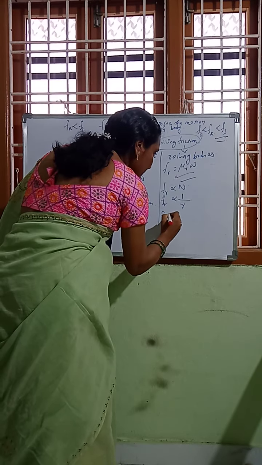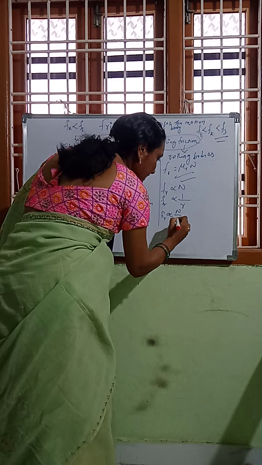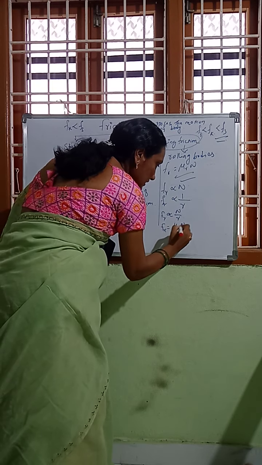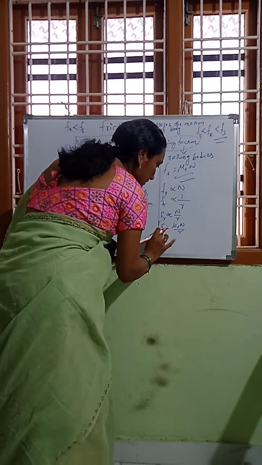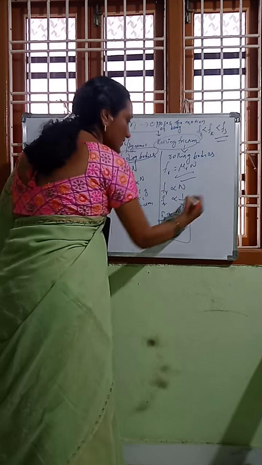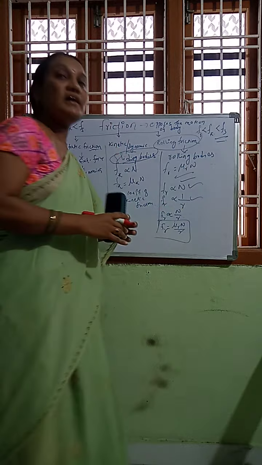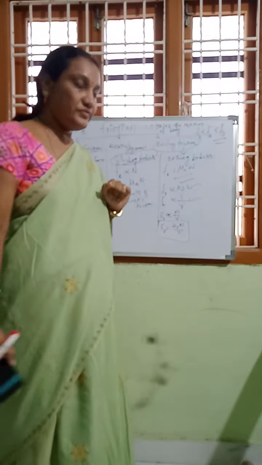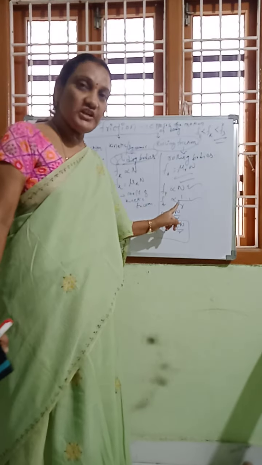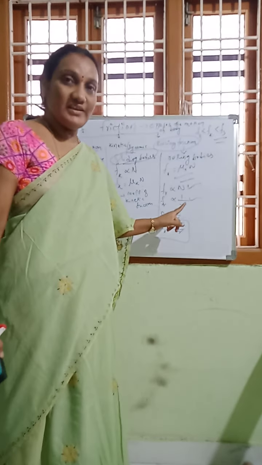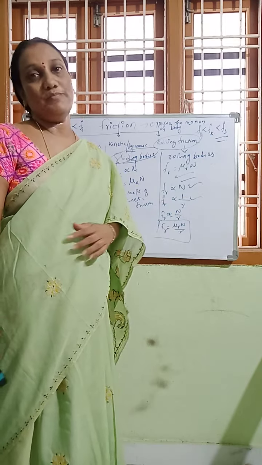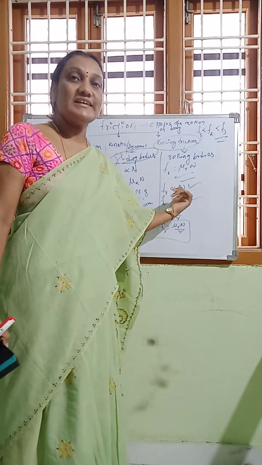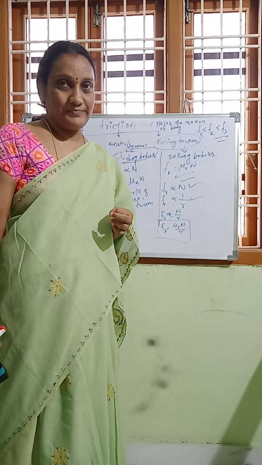So rolling friction can be written as proportional to N by R, or rolling friction is equal to mu r N by R. So these two are the laws of rolling friction: directly proportional to the normal reaction force, and inversely proportional to the radius of that particular rolling body. So this is about the three types of friction. Right?